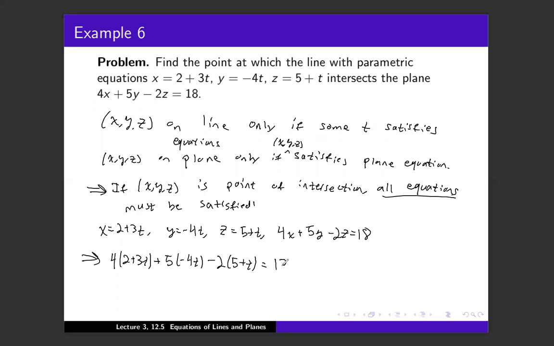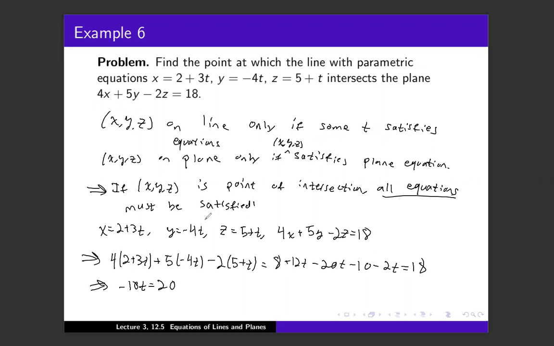Unraveling all of this, that is to say 8 plus 12t minus 20t minus 10 minus 2t is all equal to 18, or in other words, negative 10t plus 8 minus 10 is negative 2, which equals 18.